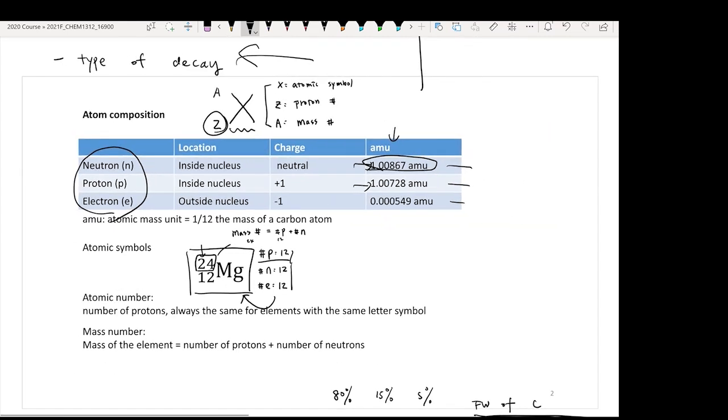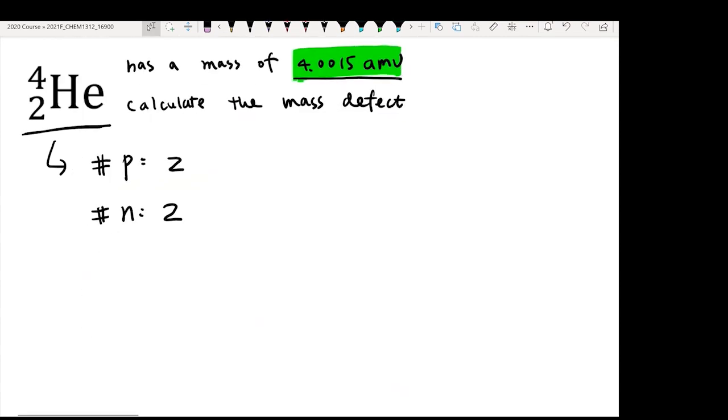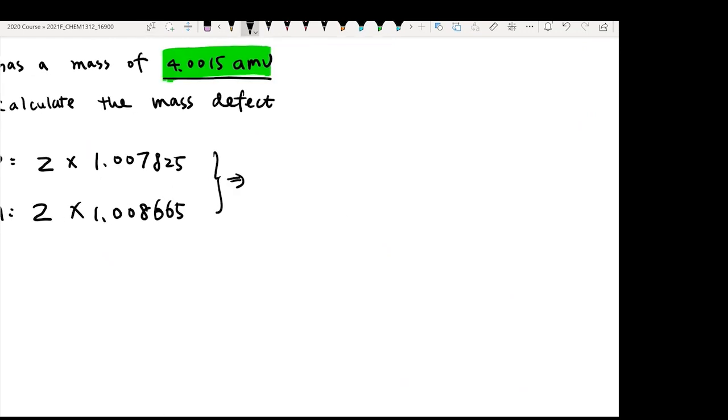So that's what we're going to do here. For 1 single proton, its mass is 1.007825 atomic mass unit, and for a neutron, 1.008665.